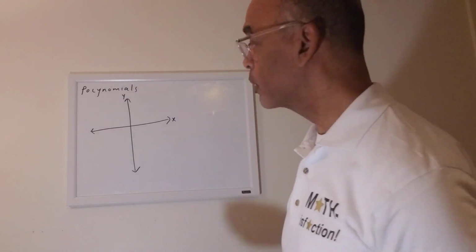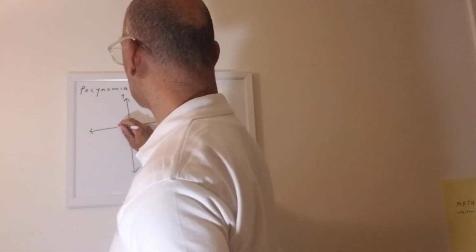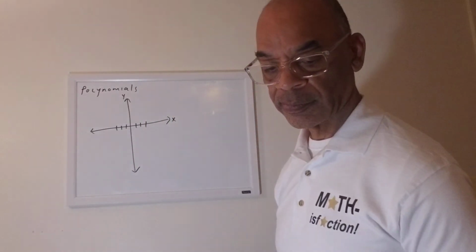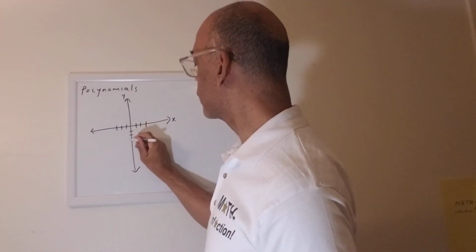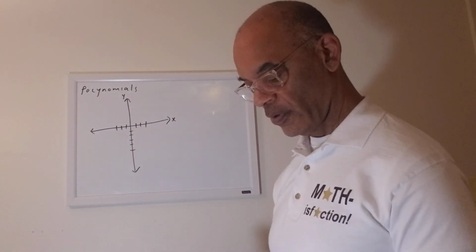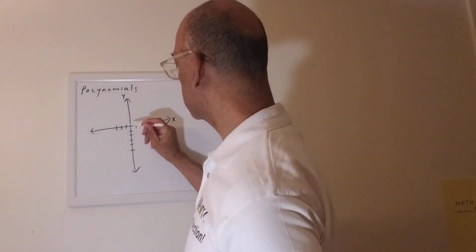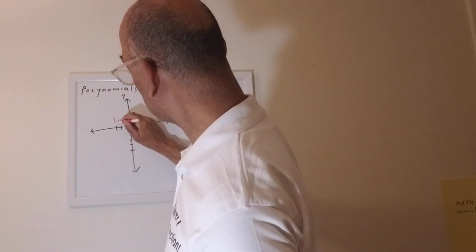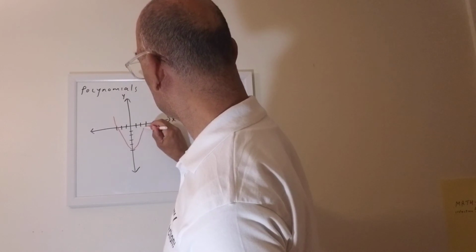Okay, we're going to have an intercept at negative 3. We're going to have an intercept at positive 3. And we have an intercept on the y-axis at negative 5. Sketch this here. Coming down, up.